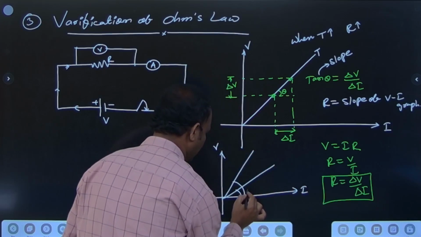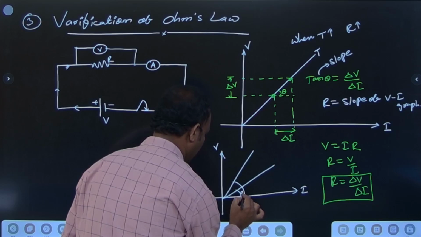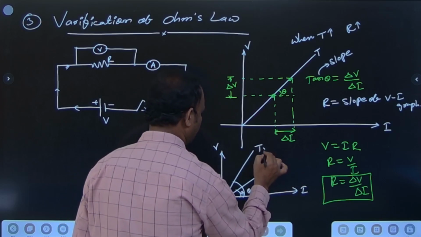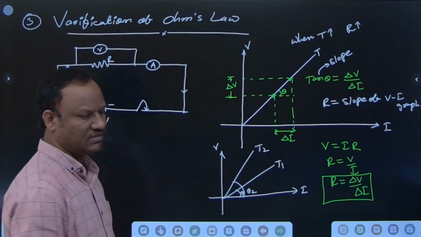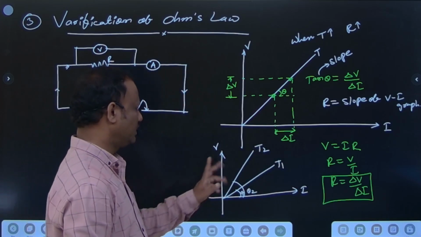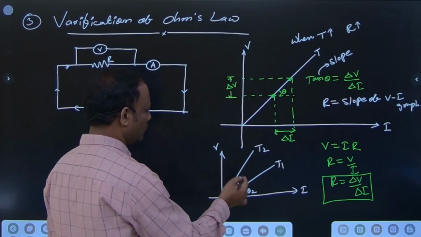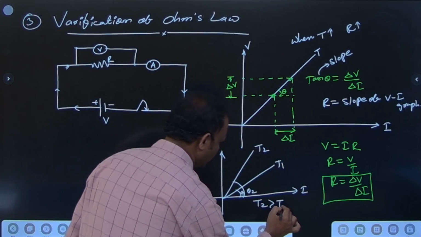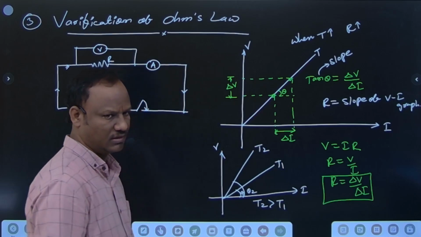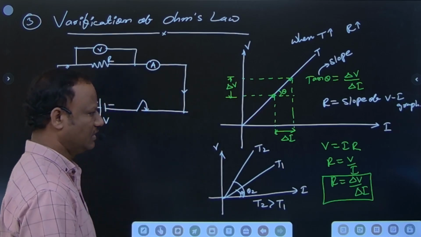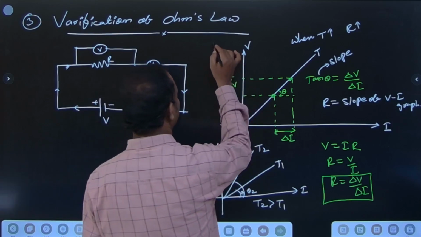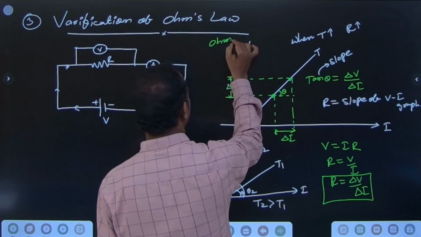Their angles are theta 1 and theta 2, at temperatures T1 and T2. Whose resistance is more? Whose slope is more? The temperature is more, so T2 is greater than T1. The slope of the VI graph gives what? Resistance. This condition is for ohmic conductors.